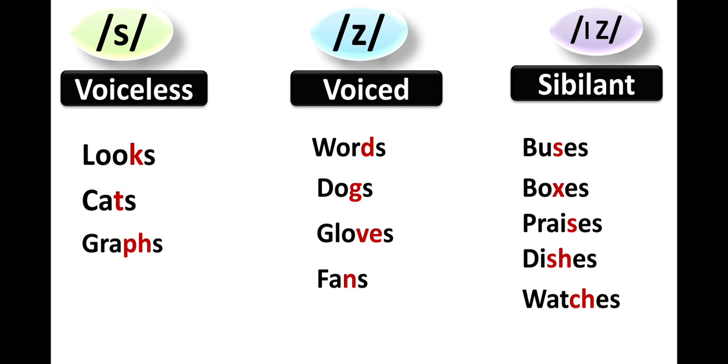And X, Z, like in praise, sh, and ch like in watch. These all are sibilant sounds. If letter S appears after these sibilant sounds, then it will be pronounced as iz. So buses, iz. Okay, buses, you will say iz here. Boxes, praises, dishes, and watches.